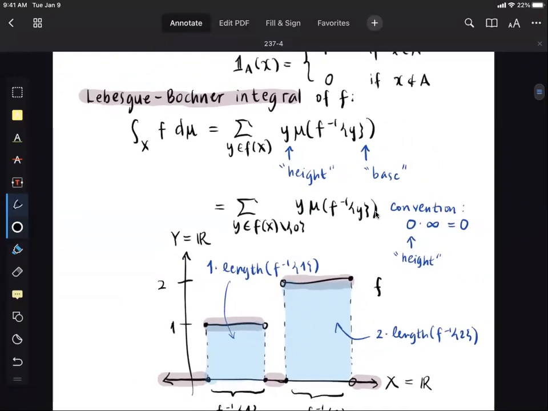Okay, so that's the definition of the Lebesgue-Bochner integral of a simple function. So you take the height, that's the y. You take the length of the base, that's the pre-measure of the inverse image, and the product would correspond to the area of this region here. And if you take the sum, that would be the Lebesgue integral, or Lebesgue-Bochner integral.